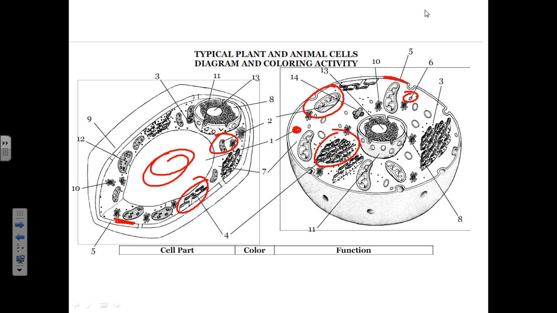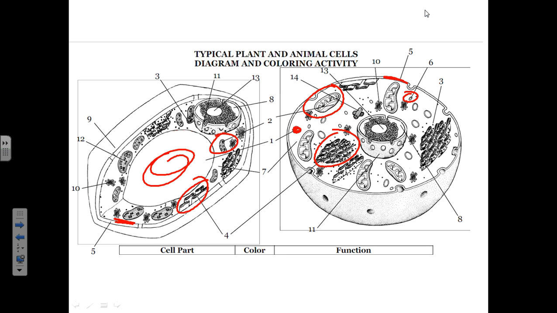We said they're sort of like, when we talk about factories, what part of the factory? Recycling center. They help to do what's called intracellular digestion, break things down inside a cell. They have different enzymes to break things down, but it's not enclosed like our lysosomes are.